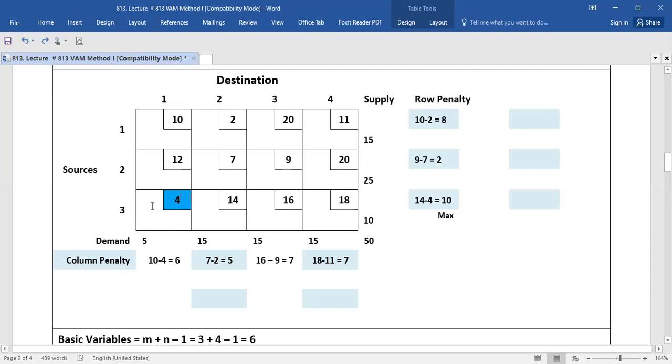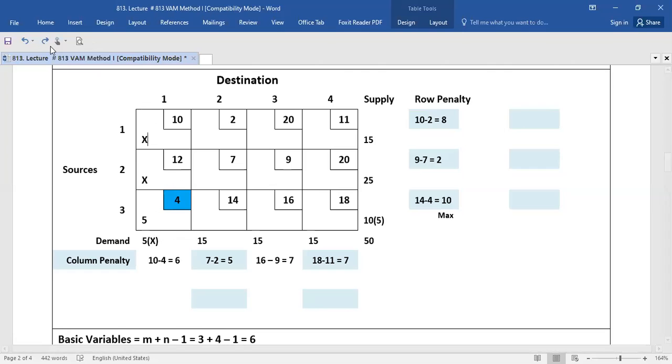You see that in this cell, the demand is 5 and supply is 10. So 5 is minimum. 5 will be put here and you will put cross in front of 5, and put 5 in front of 10. Here 5 supply is remaining. For your more clearance, you will put cross signs in the blank cells, and no allocation will be made in this column.